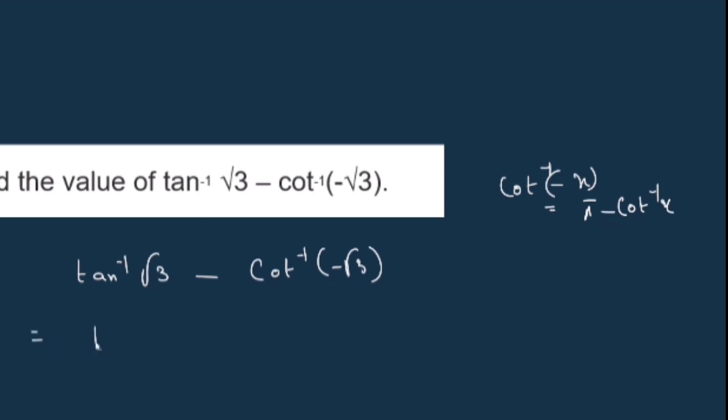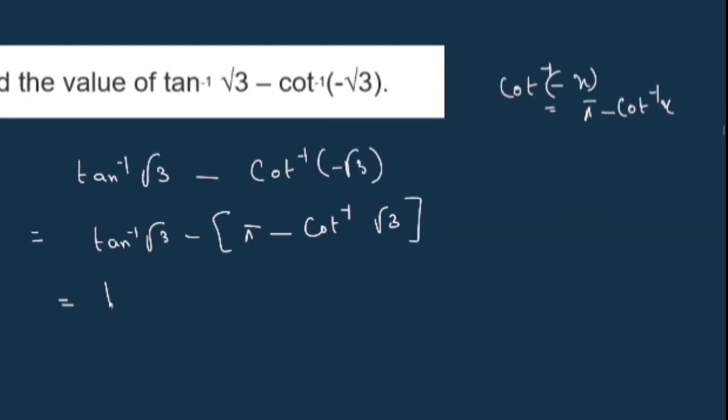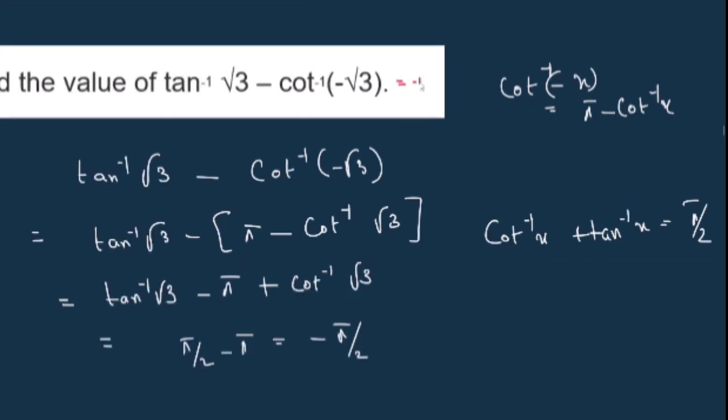So this is tan inverse root 3 minus pi minus cot inverse root 3, which equals tan inverse root 3 minus pi plus cot inverse root 3. One more property: tan inverse x plus cot inverse x is equal to pi by 2. So this becomes pi by 2 minus pi. So the answer is minus pi by 2.